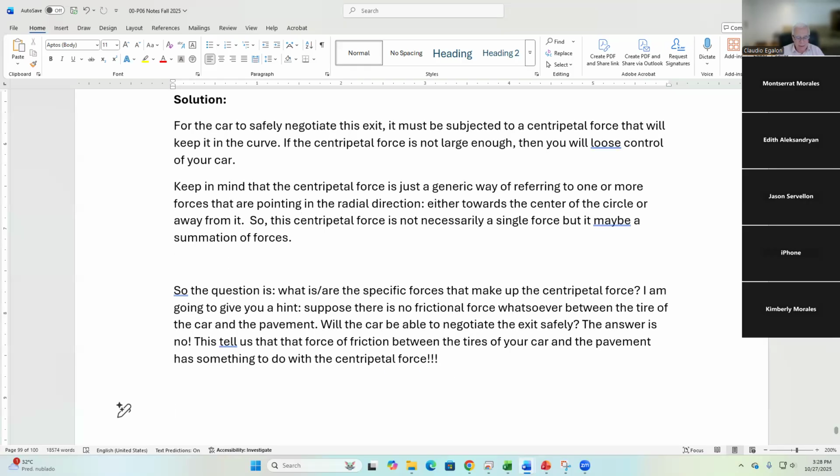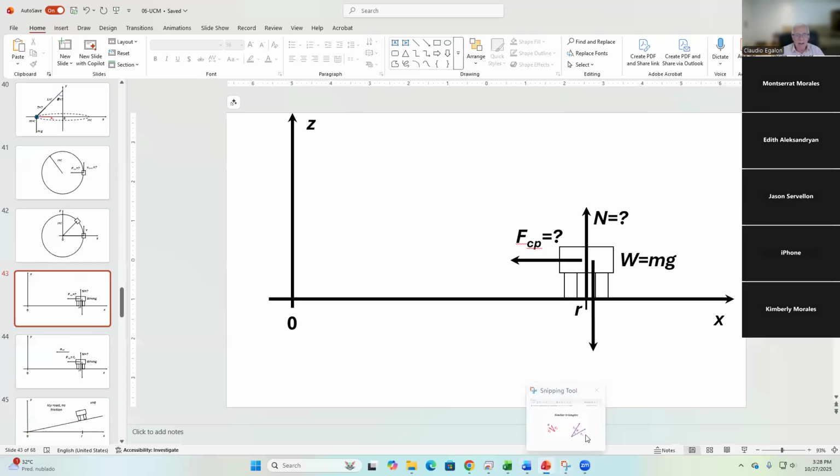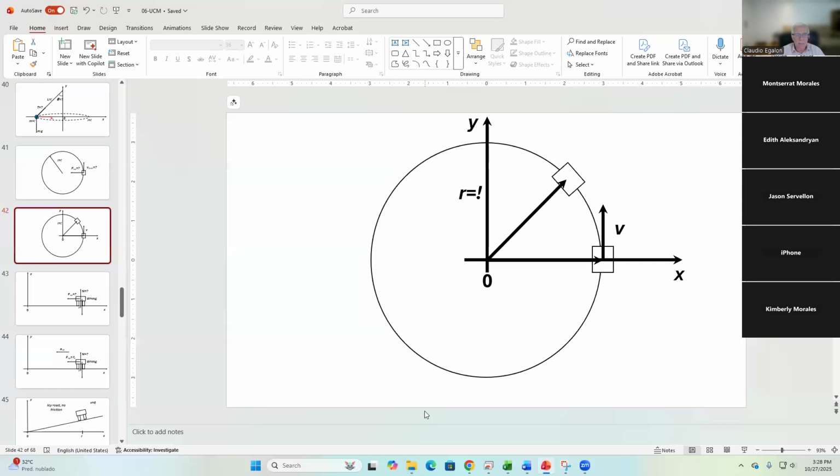Okay, so let's take a look at the car right in here. If there is no friction whatsoever between the tires and the pavement, this car is just going to fly straight. I'm going to draw it here for you.